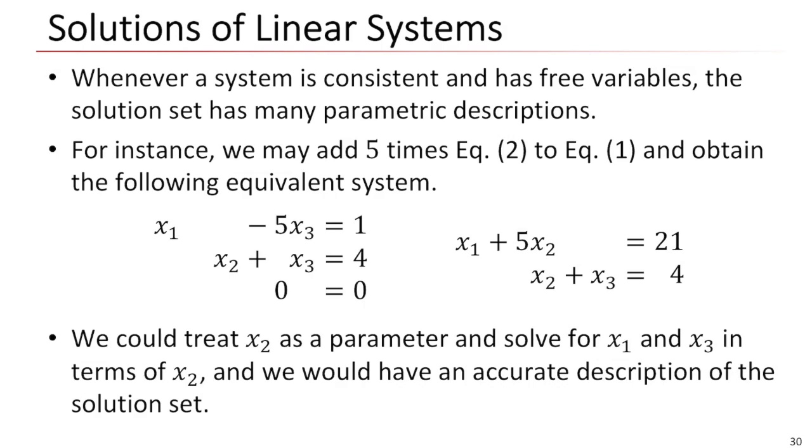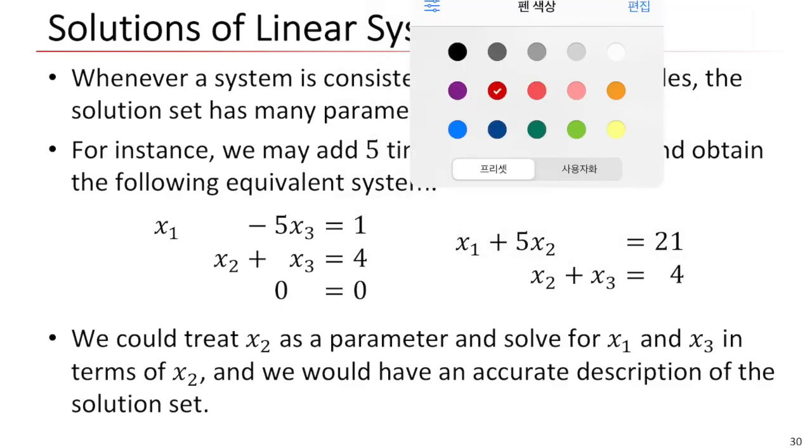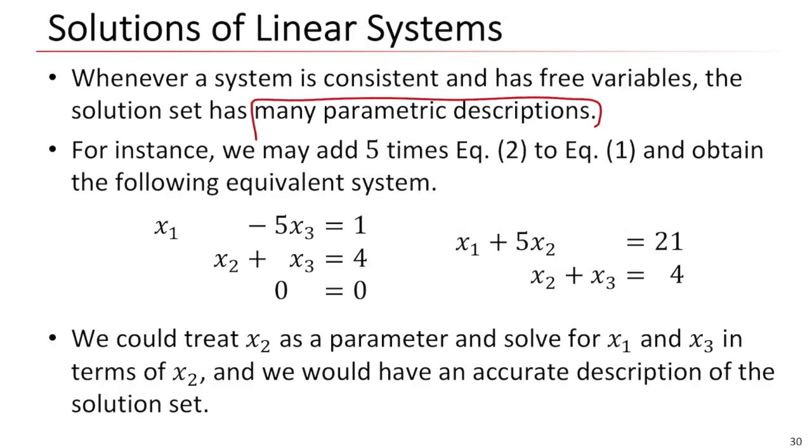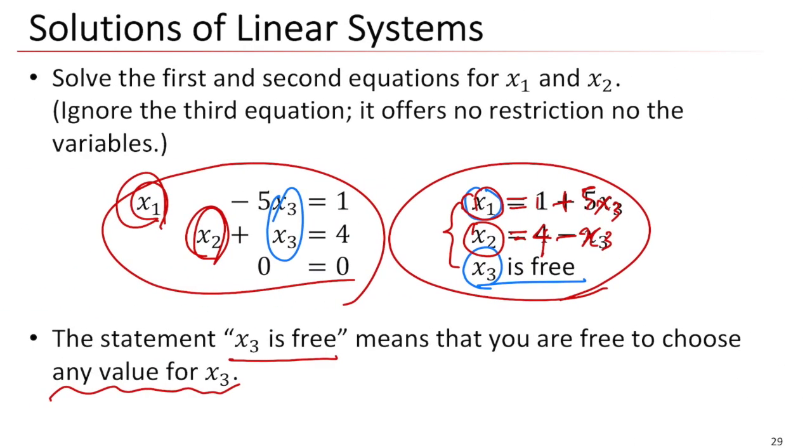Okay, so whenever a system is consistent and has a free variable, the solution set has many parametric descriptions. What does that mean? We can say that this is the parametric description of the system, or of the solutions of the system.